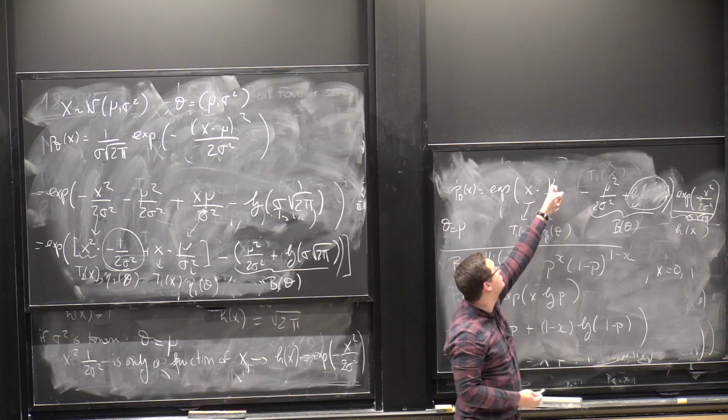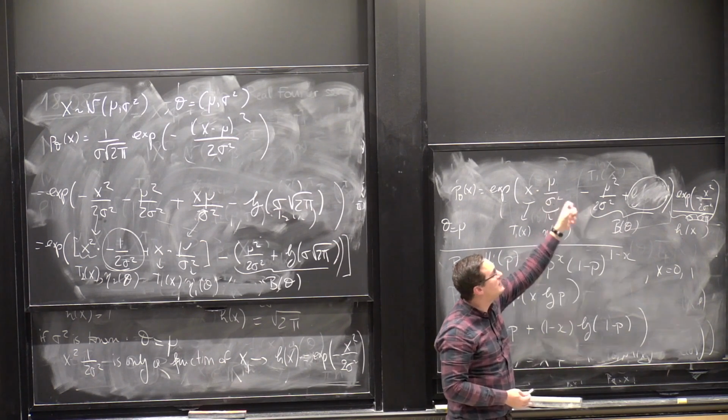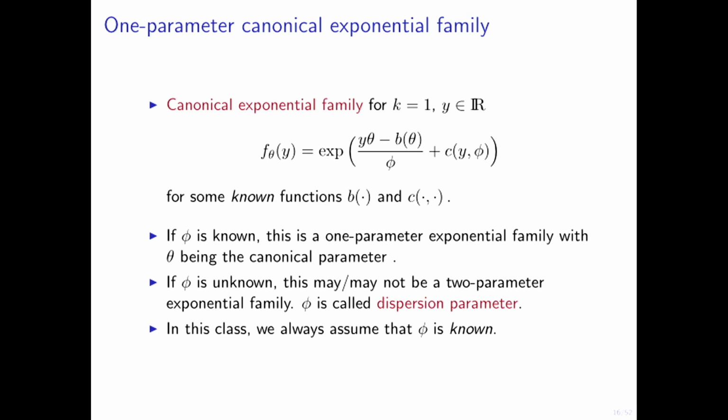It's kind of painful. So I just take mu, and I keep this guy as this phi over there. It's called the dispersion parameter from a clear analogy with the Gaussian: that's the variance, and that's measuring dispersion.